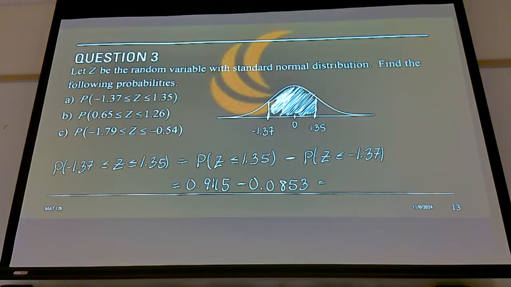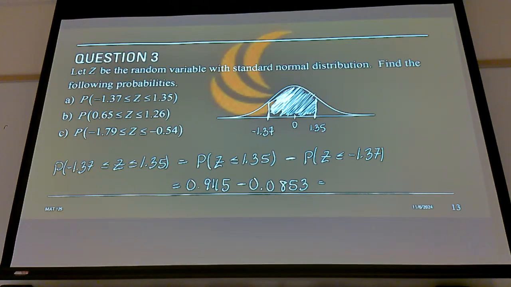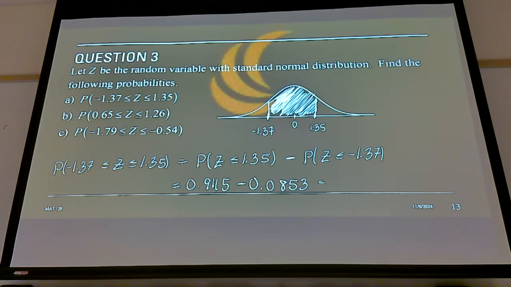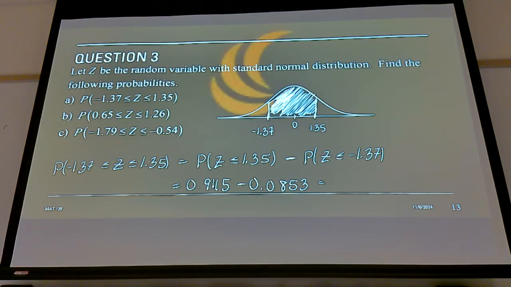I am too lazy to do that in my head. Good thing I brought my super calculator.